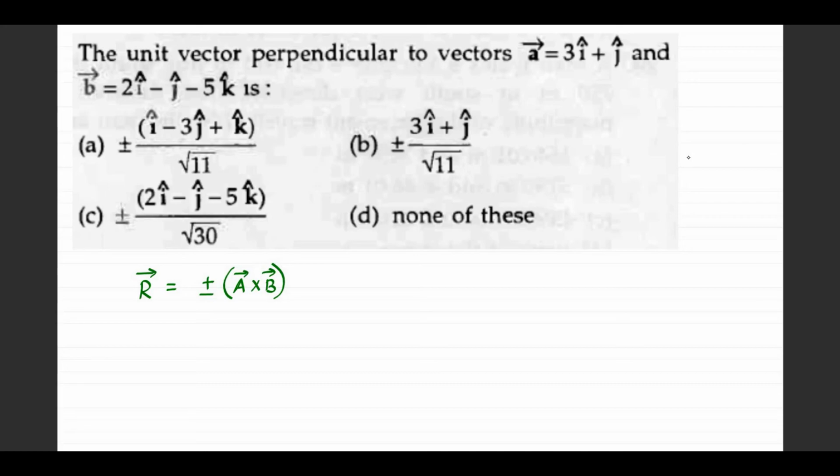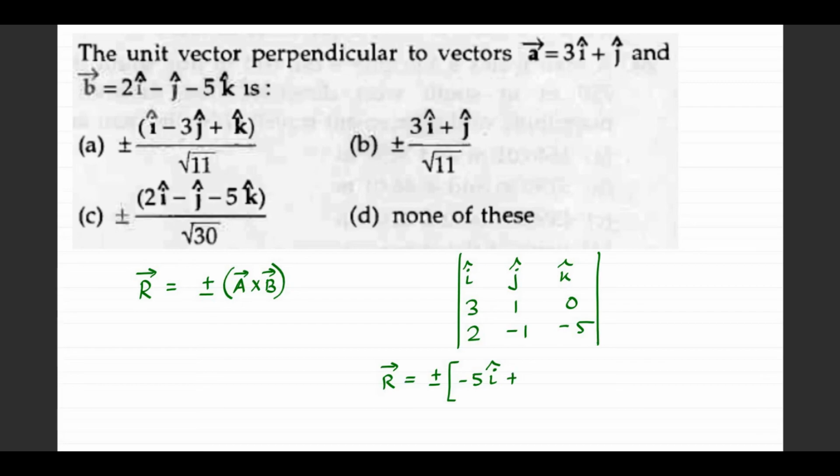So if I go for cross product, if I write the values for B, if I solve this matrix, it will then be, for J, it will be, for k it will be, okay.